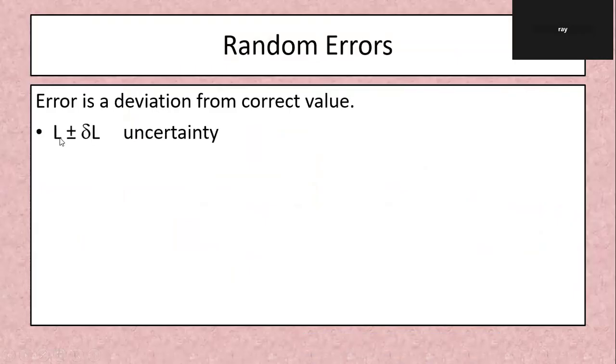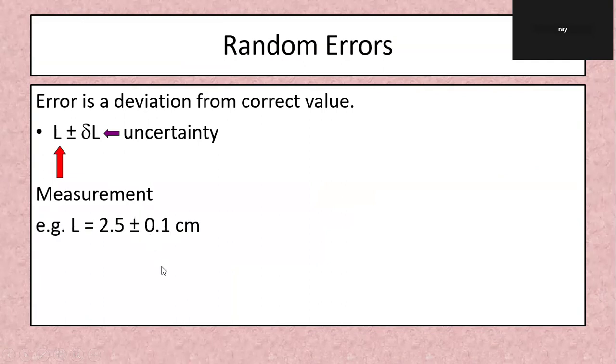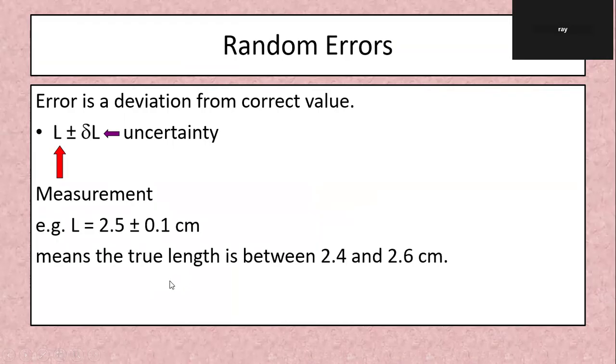We write L plus minus delta L. Delta L is the uncertainty, L is the measurement. So for example, 2.5 plus minus 0.1 cm tells us that the actual value is between 2.4 and 2.6. How do we get 2.4? 2.5 minus 0.1. 2.6 is 2.5 plus 0.1.